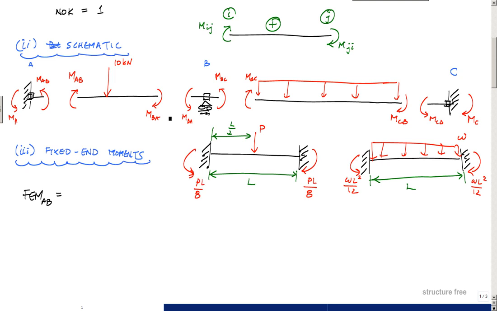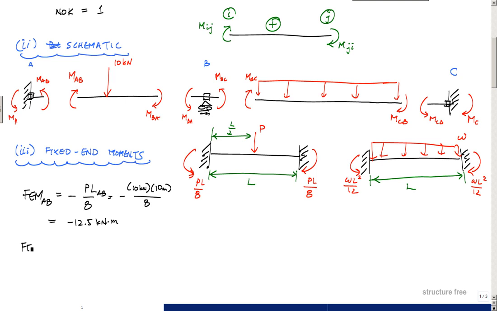So really that's opposite of MAB. And so I would write negative PL over 8, which in this case is negative PL_AB over 8, which is negative 10 kilonewtons times 10 meters divided by 8. And that tells me that the fixed end moment for AB is minus 12.5 kilonewton meters right here.